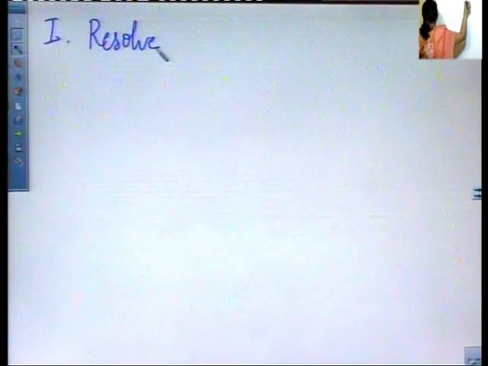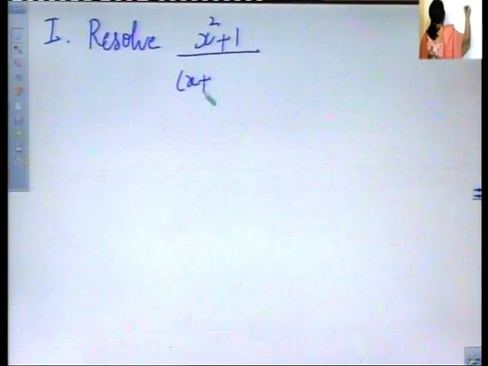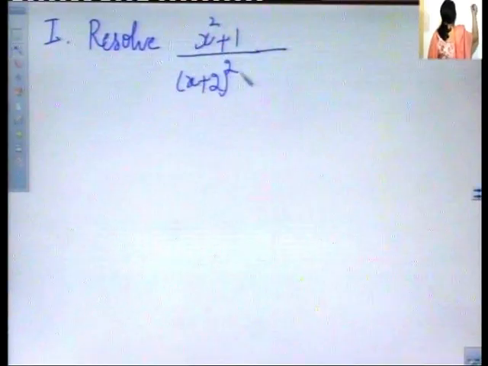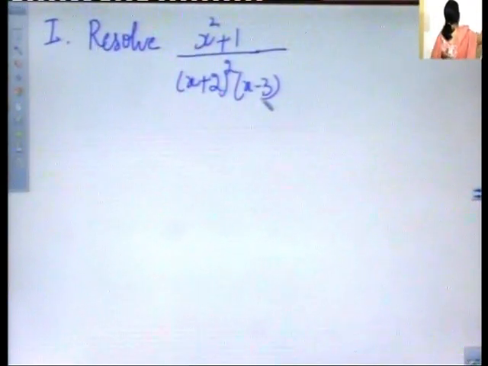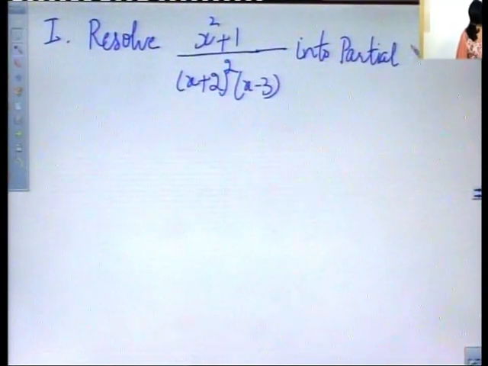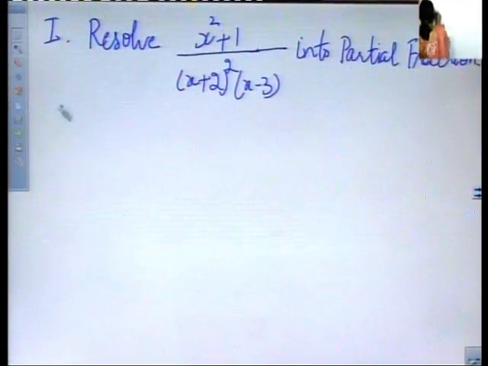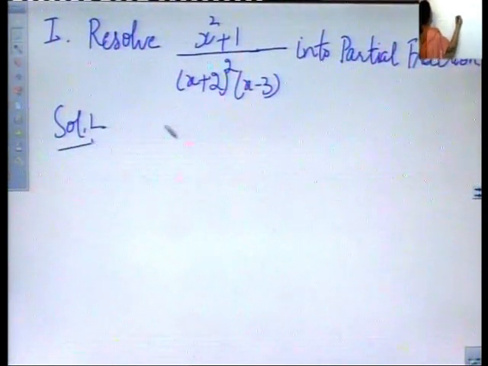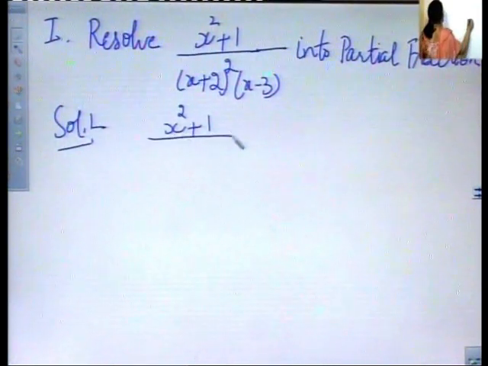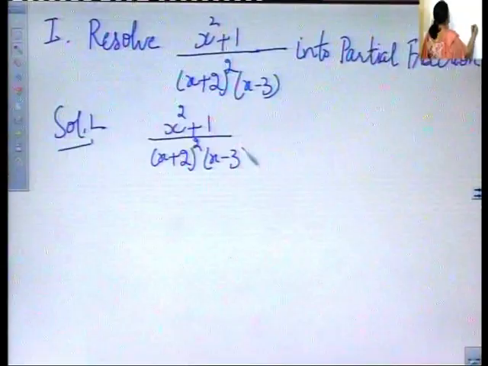The first question is: resolve x square plus 1 over x plus 2 whole square into x minus 3 into partial fractions. Solution: the fraction we have is x square plus 1 upon x plus 2 whole square into x minus 3.